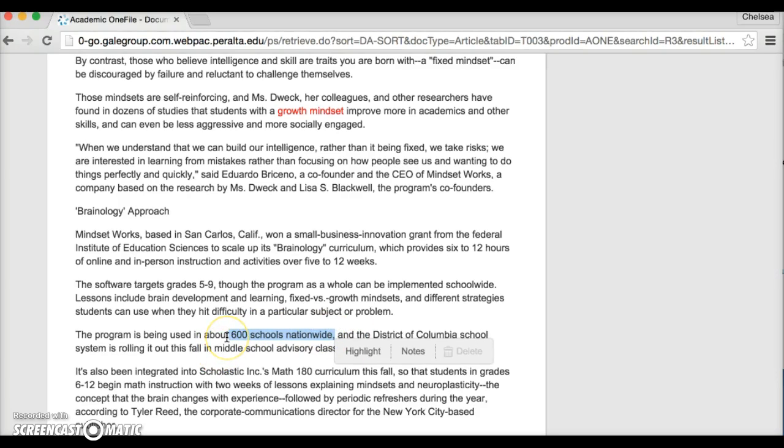It should be used in every school so that students are exposed to this idea all around the nation and not just in specific schools, something like that. You can use the evidence you find in a variety of ways. You can use it to support your arguments, to do a counter argument. You can find quotes to put into your conclusion.